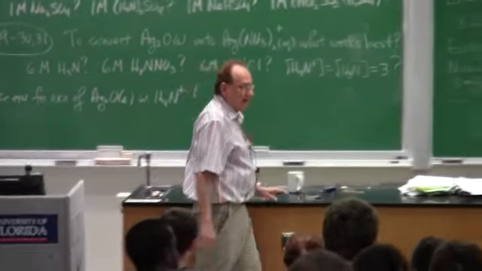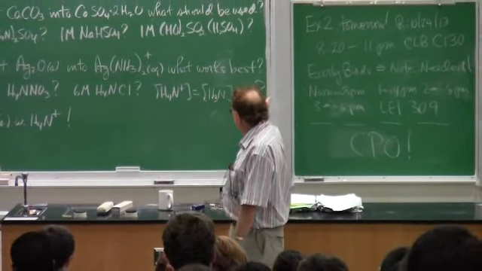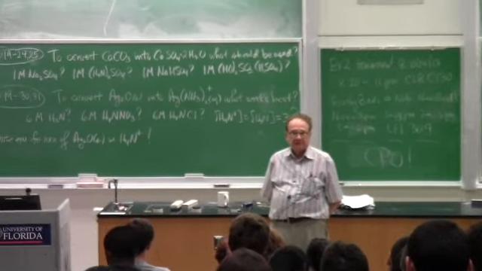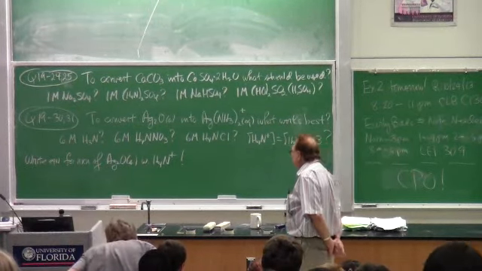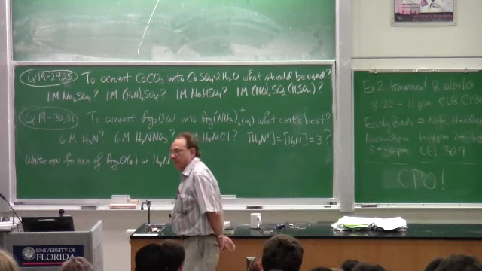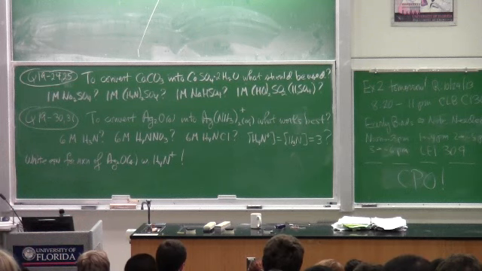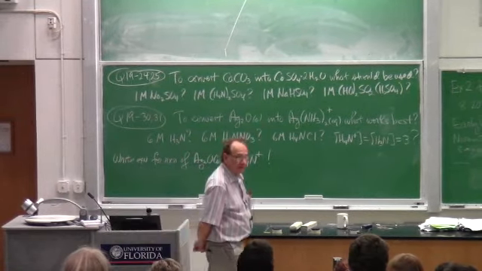Like calcium carbonate and calcium sulfate. I've offered you 4 choices. Obviously, you need a sulfate source: sodium sulfate solution, ammonium sulfate solution, sodium hydrogen sulfate solution, sulfuric acid solution.